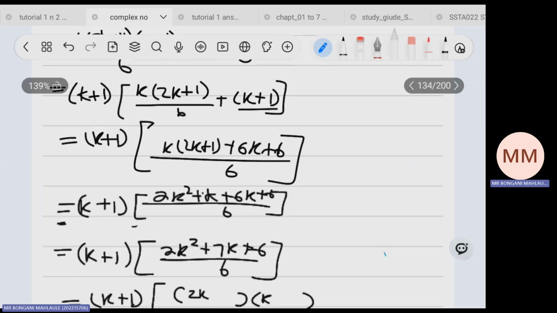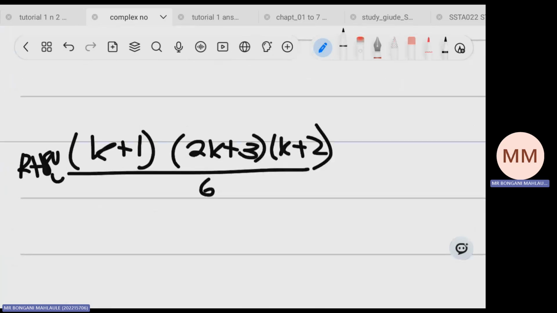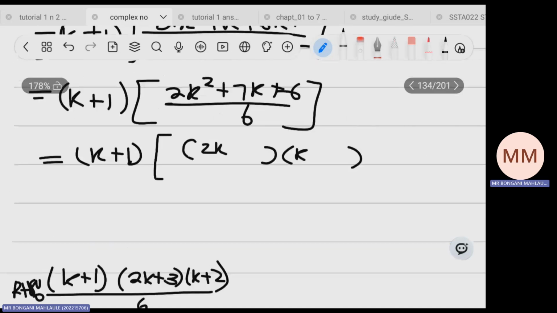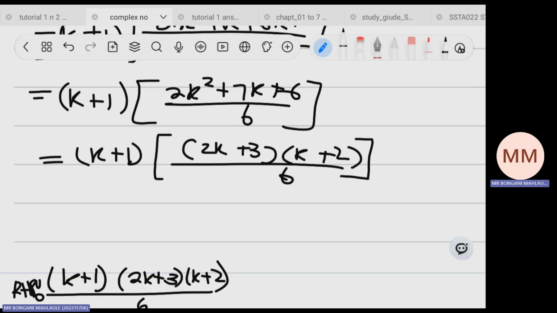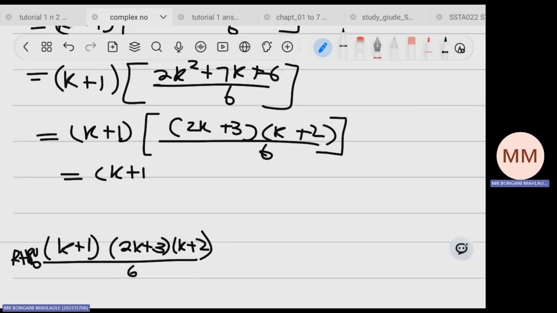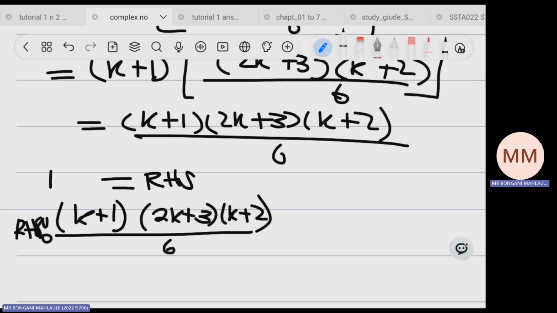Searching for the right hand side. This is our right hand side. So here, if we write plus 3 plus 2 all over 6, you can see that this will give you back this one. Then therefore, we have managed to show that the right hand side is equal to the left hand side because they are equal.